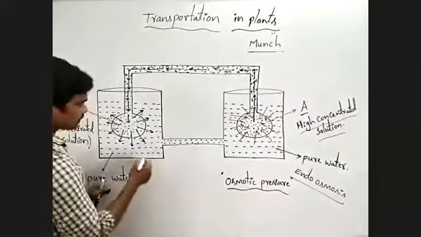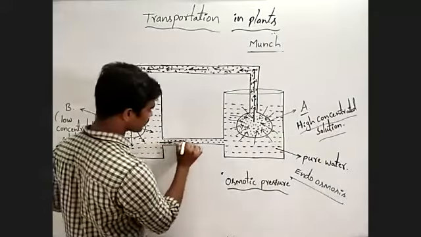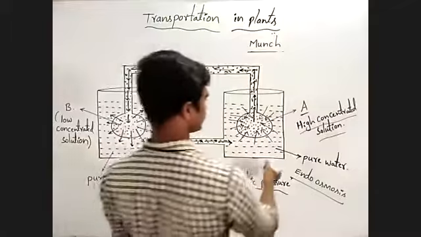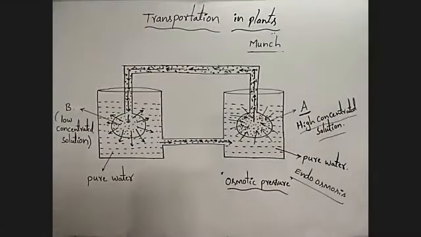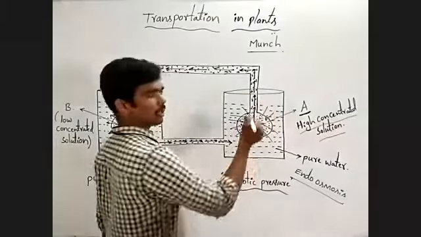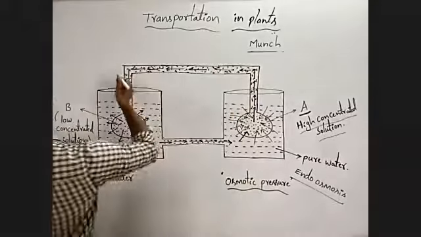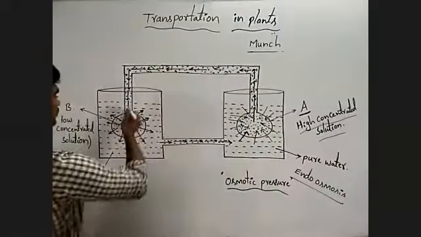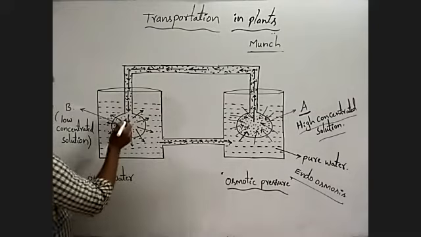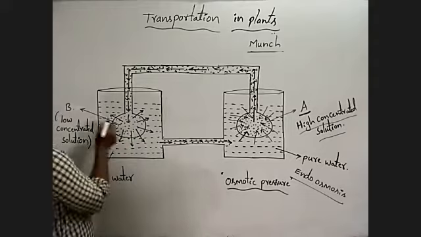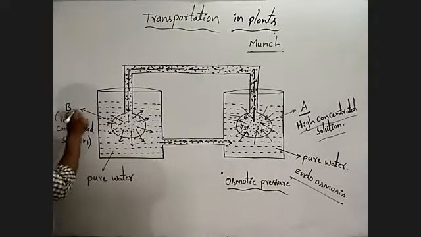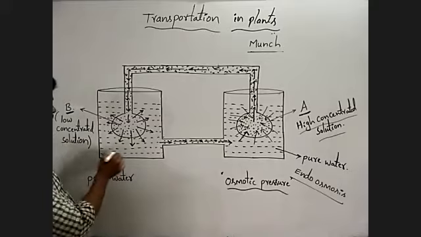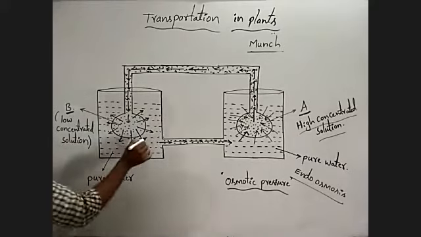Next, these water molecules are again transported to this beaker, the beaker containing osmometer A. That water is absorbed into osmometer A. Then again, because of osmotic pressure, the solution is transported towards osmometer B. Because of the pressure created on the solution in osmometer B, water molecules are transported out into the pure water present in the beaker.